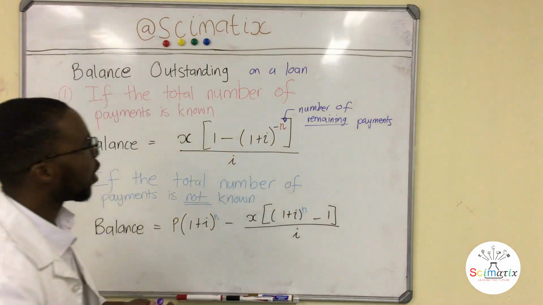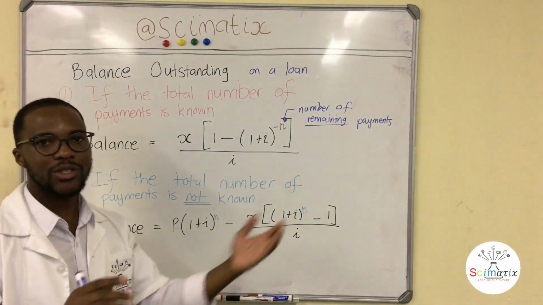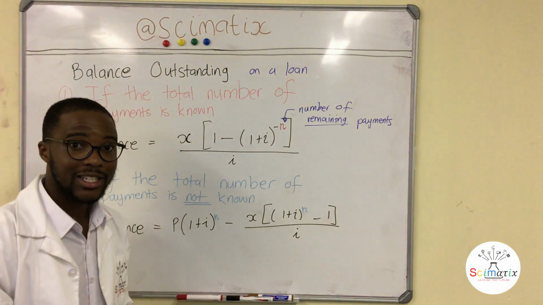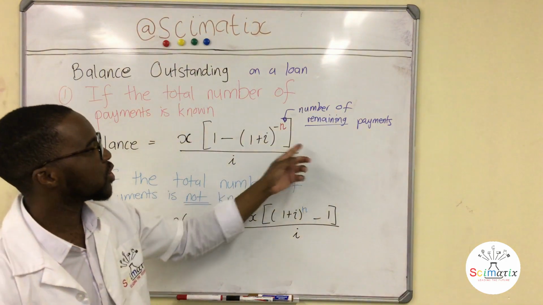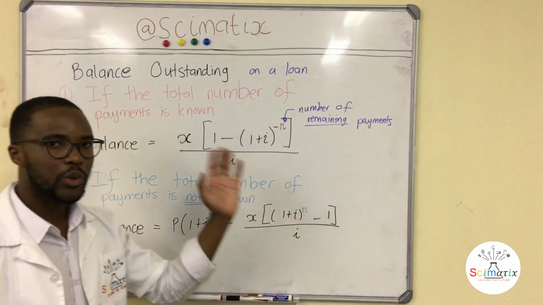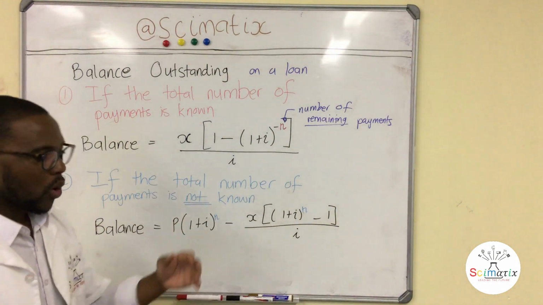So this n here, all we need to do is to discount. The present value formula, the negative, is always discounting. We're getting the value of the loan at a given time. So here all we need to do is to calculate the present value of all the remaining payments. We know how many payments we need to cover at the end of the term, and we know where we are.